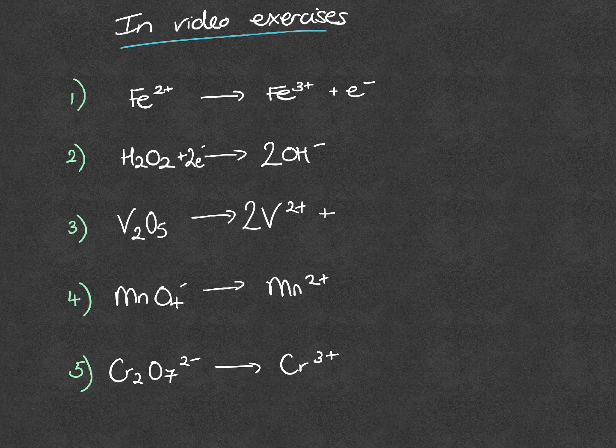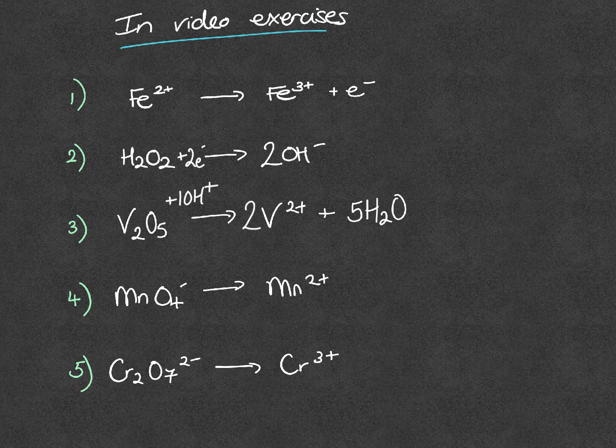We can only get oxygens by adding waters, so we're going to add 5 water molecules there as well. So I am going to run out of room. So the V2O5, I have got 5 H2O, so I've got 10 hydrogens on the right hand side, so I'm going to need 10 H+ on the left.